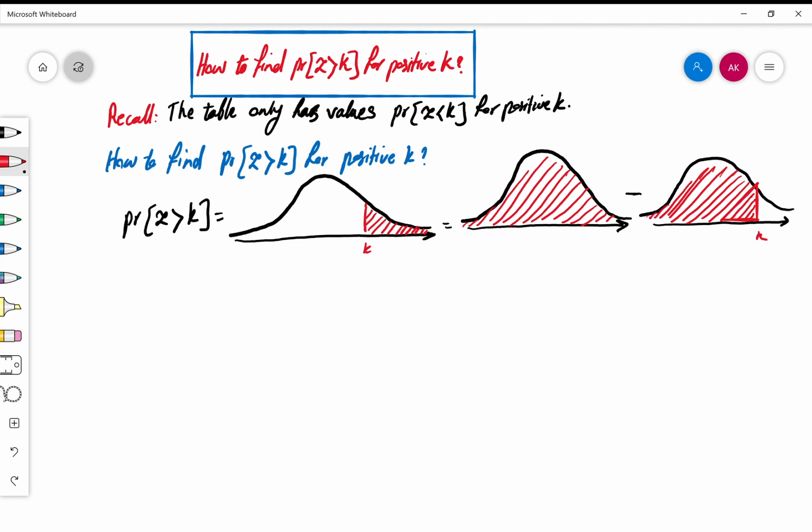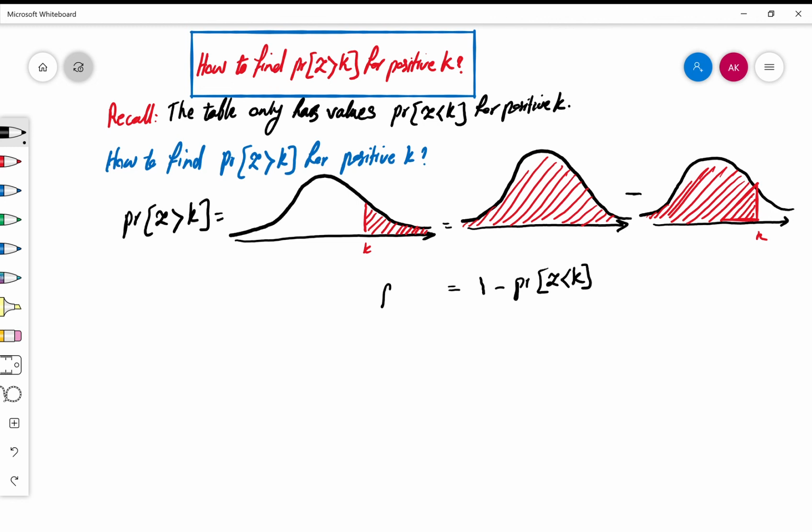The good thing about this is that the area under the graph of the PDF is always 1, minus this part, which is the probability of Z less than k, and this is a number from the table.